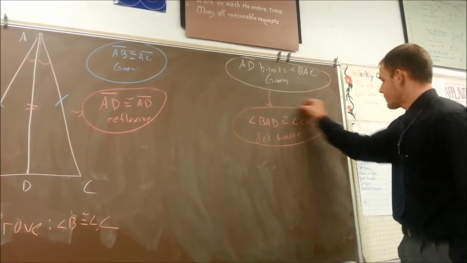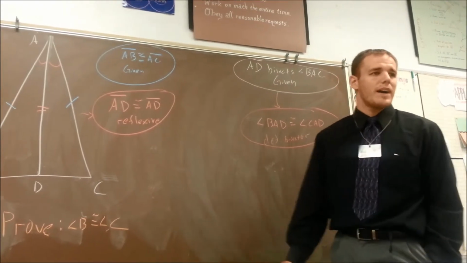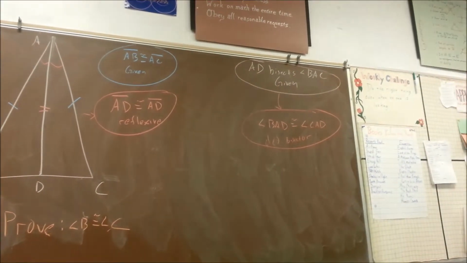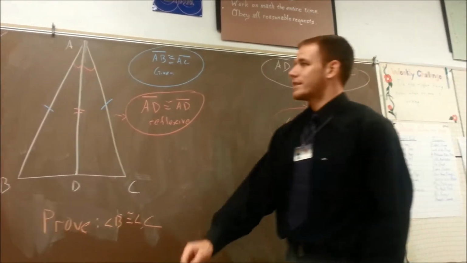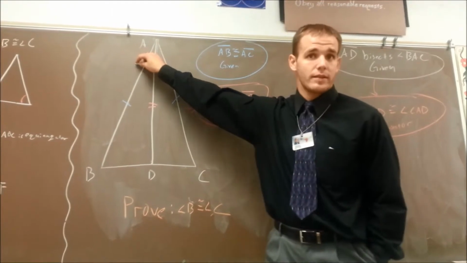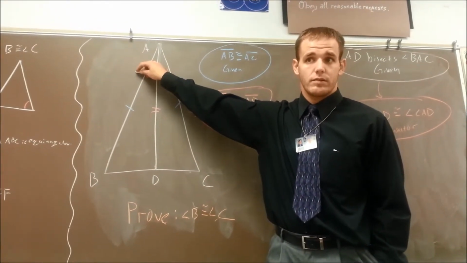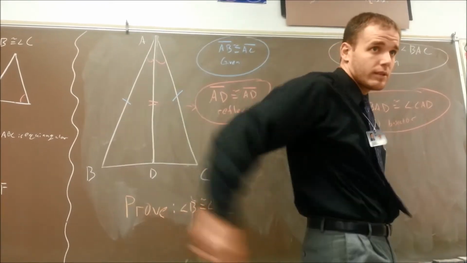Now we have enough information to prove the triangles congruent. What postulate allows us to prove the triangles are congruent? Yes, sir. Side angle side. Is the angle in between the congruent sides? Yes, it is. We've got SAS. We don't have donkey.